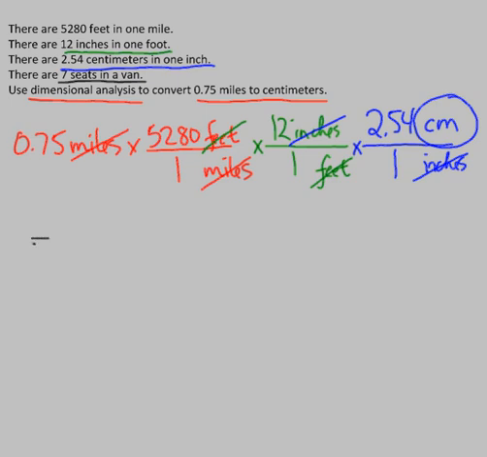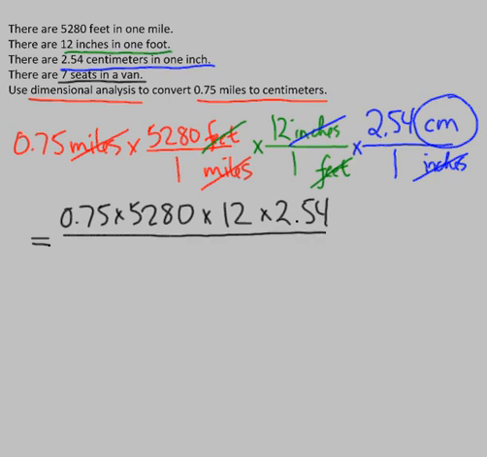So to figure out the answer, with all these fractions you multiply all the top numbers, 0.75 times 5,280 times 12 times 2.54, and divide by 1 times 1 times 1.